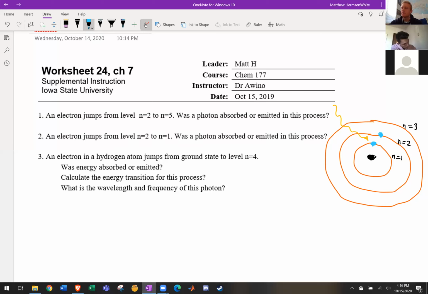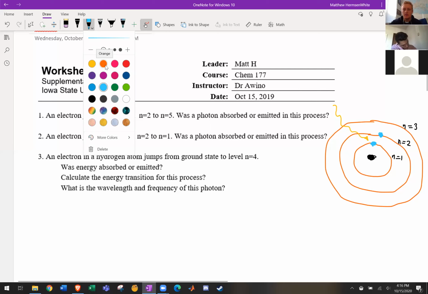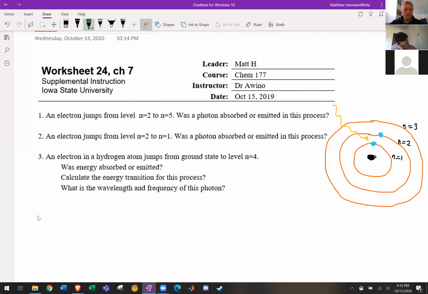And for number 3, I have an equation that I want to tell you before I let you work on 1 through 3. You can calculate the energy change for absorbing photons, and the equation is change in energy is equal to negative 2.178 times 10 to the minus 18 times 1 divided by the final n level squared, so n final squared, minus 1 divided by n initial squared.